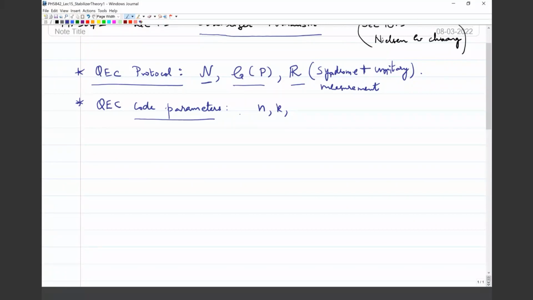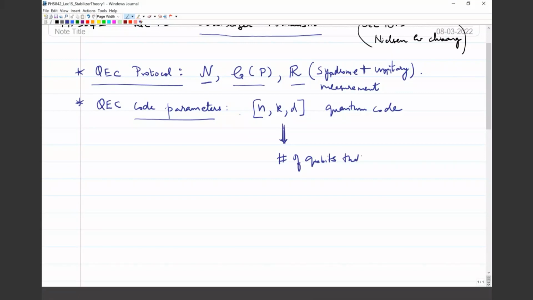So we often talk about an NKD quantum code, right? So the three parameters that we associate with a quantum code. This I already discussed yesterday when we were doing the Hamming bound to some extent. So first, K is the number of qubits that we would like to protect, right?